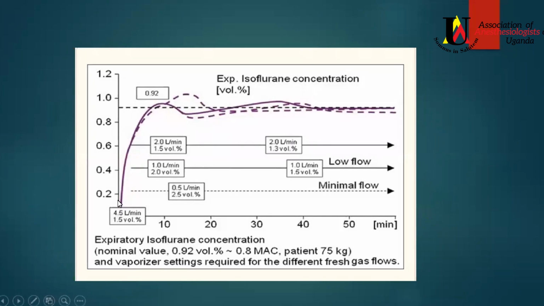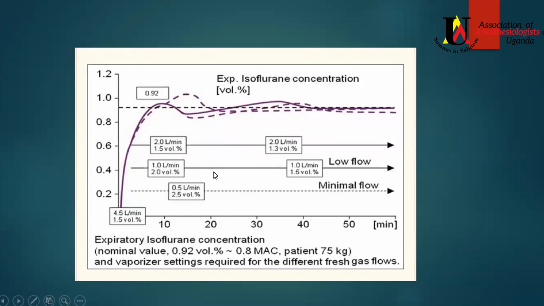We are not starting at 0 because we have to pre-oxygenate, and also around 3 minutes, you kick in, you start your high flow phase, 4.5 liters with isoflurane of 1.5. Then at around 6 to 8 minutes, you decide if you're going to run the usual one, which is your 2 liters or above, then you want to start at 1.5, and after the patient has settled and flattened off, you can go to 1.3.